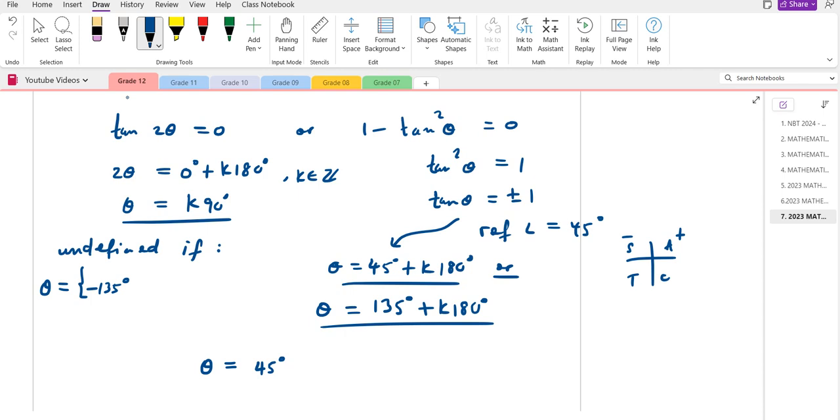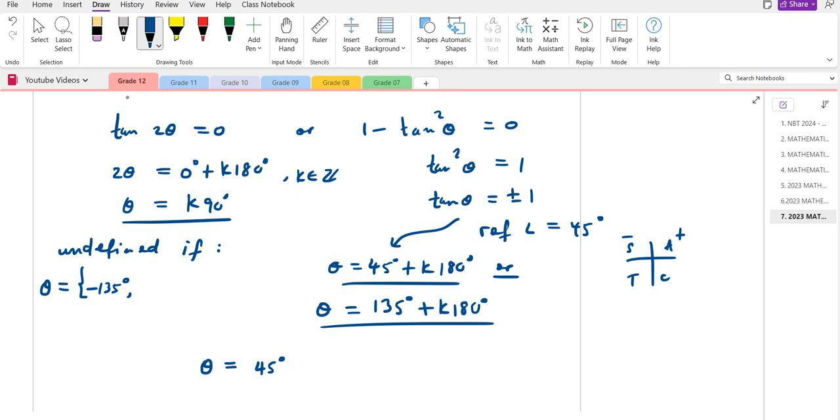I need to look at all three identities. If the value of k is negative 1, I'm getting 135 from here. If the value of k is negative 1 here, I'm getting negative 45. If the value of k is negative 1 here, I'm getting negative 90.